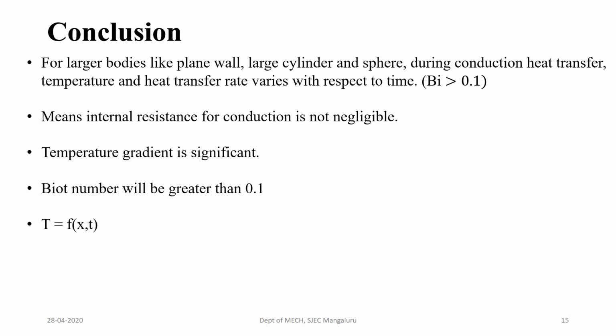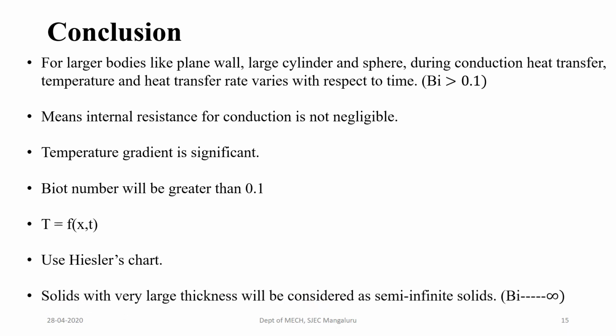So temperature is a function of x comma t, and to find temperature at any position x comma t, we use Heisler charts. And for still larger bodies, very large bodies, we call them semi-infinite solids. The thickness is very high, therefore Biot number tends to infinity. Such problems can be solved by using the error function.